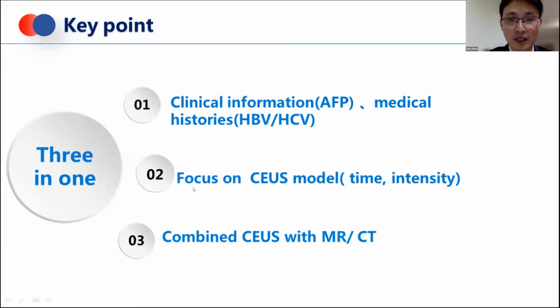Second, we must focus on the CEUS mode. We must know the enhancement time and the enhancement intensity. The third, we should combine the CEUS with MR and CT when we find an atypical nodule.